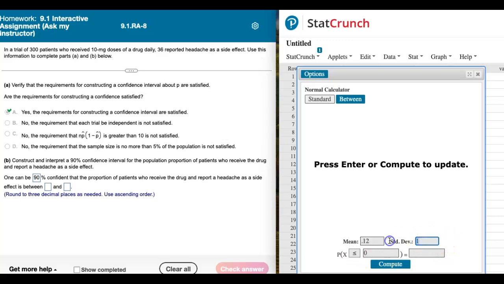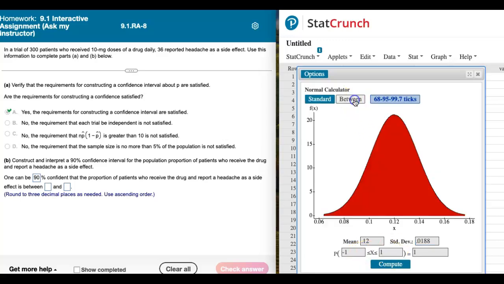Our standard deviation was 0.0188. We want to know a 90% confidence interval. So we're trying to decide what are the boundaries that will encompass 90% of the data.